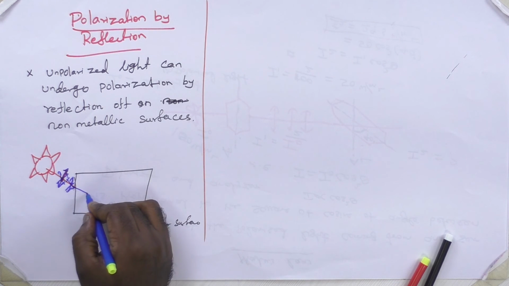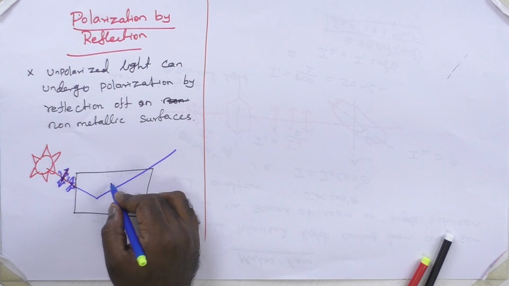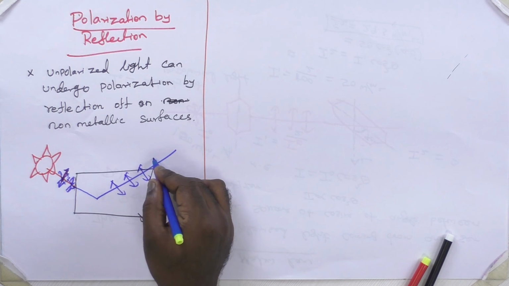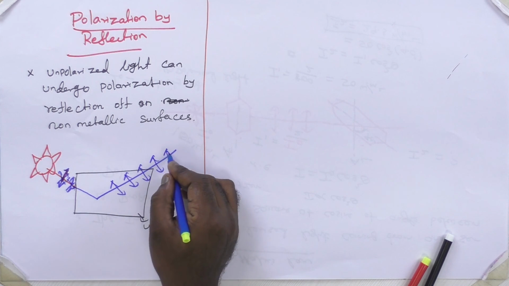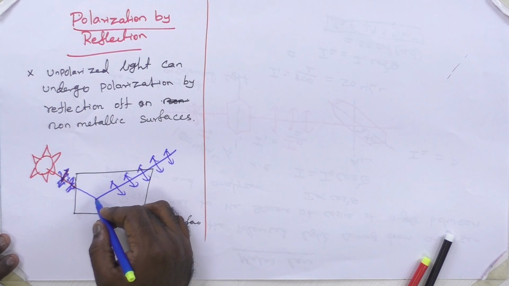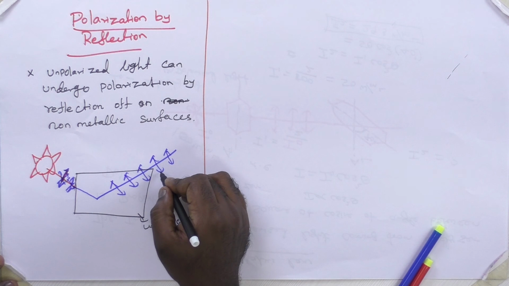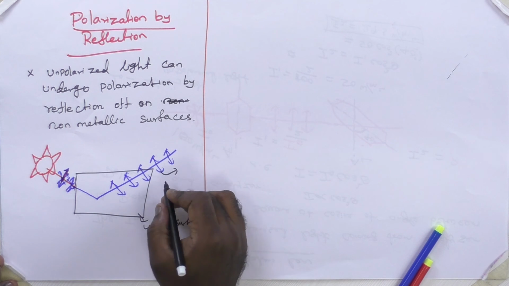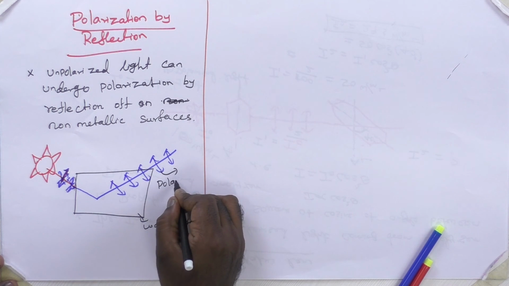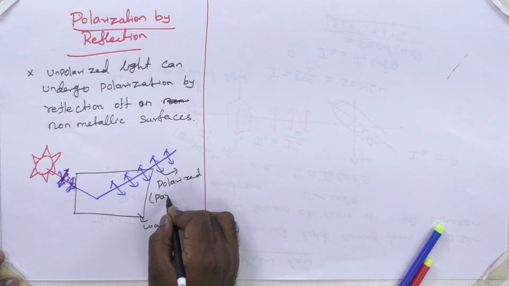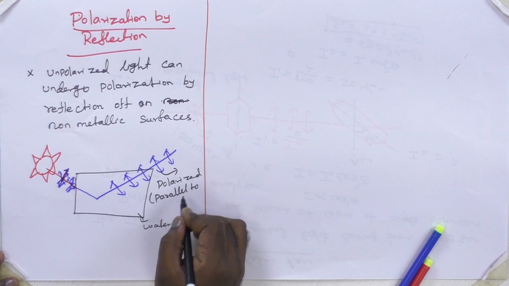After reflecting from this surface, it is converted into polarized light, which is parallel to the surface.